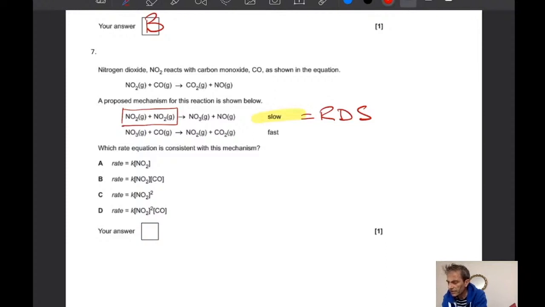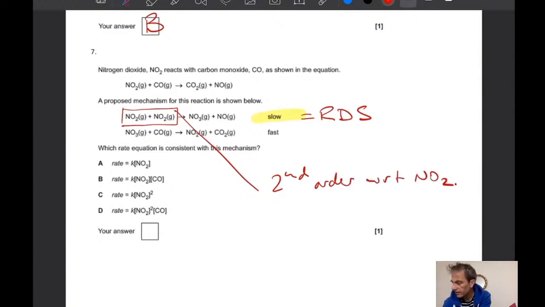So the reactants, there's only one type of reactant, NO2, but there's 2 moles of them involved. So that means that it's second order with respect to NO2.